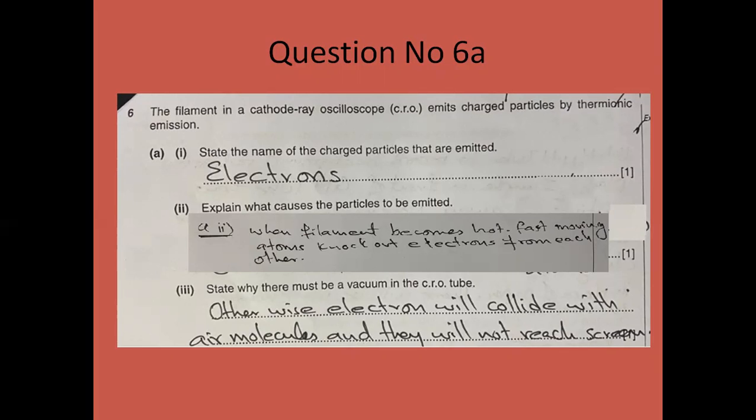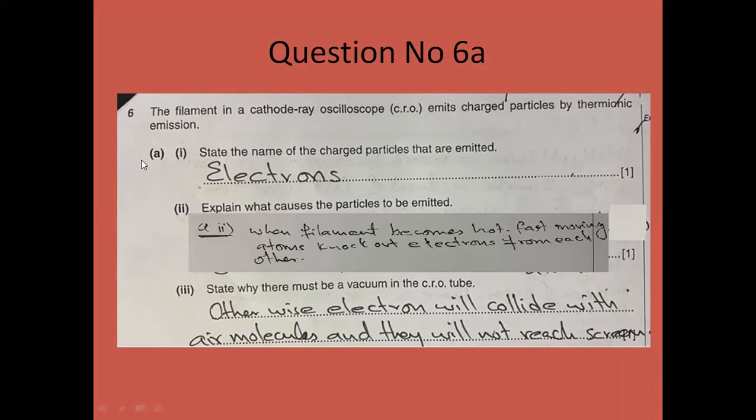State why there must be a vacuum in the cathode ray oscilloscope. You see, if you do not create a vacuum in your oscilloscope, what will happen? The electrons will collide with the air molecules and they will not be able to reach the screen. When they collide with the air molecules while traveling in the cathode ray oscilloscope, they will be stopped. Their kinetic energy will decrease. They might be deflected.